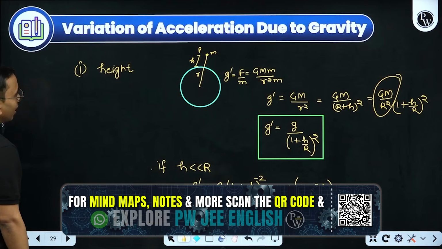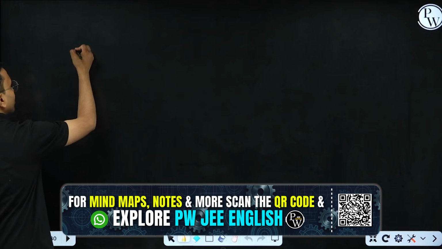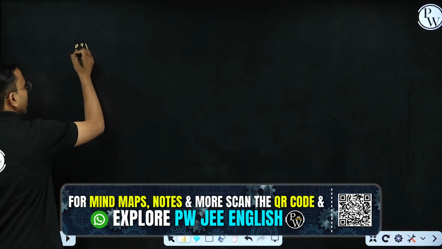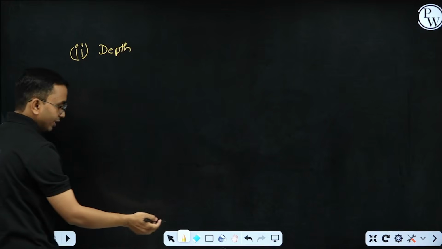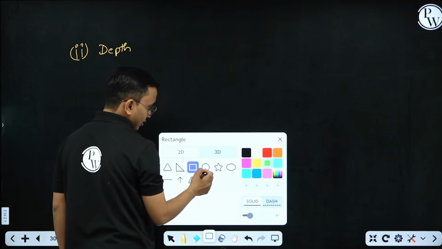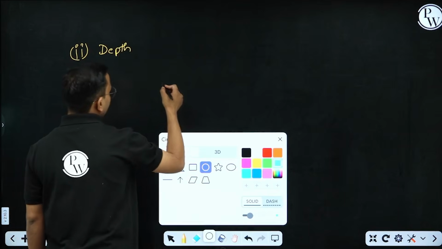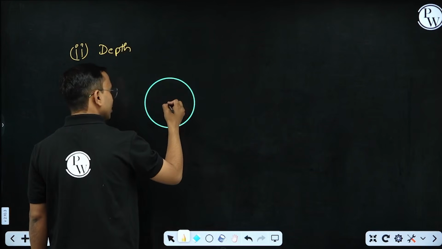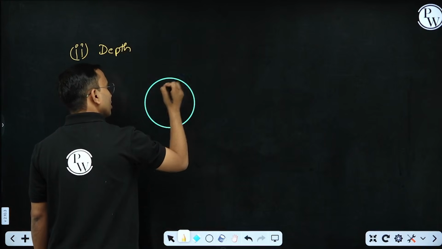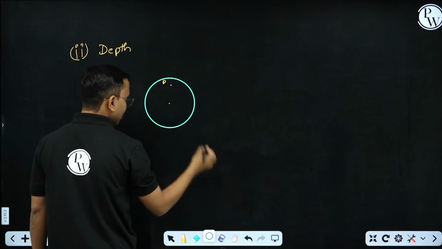Now the next thing, with depth. Second, let us consider how g will vary with depth. We are going inside the Earth's surface. This is our Earth. You are considering a point, let us take here P, which is inside this Earth.